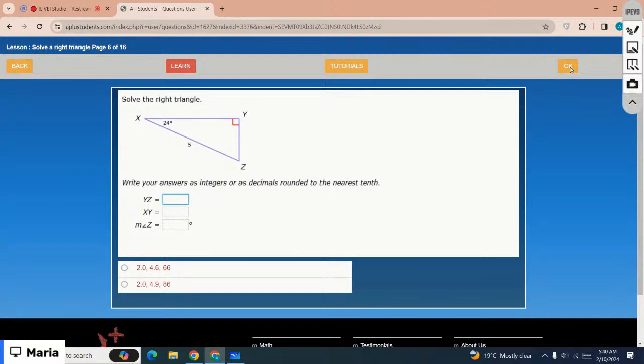That is option number 1 is the correct option. 66 degrees, 4.6, and 2.0 is the correct option, right? Option number 1 is the correct option.